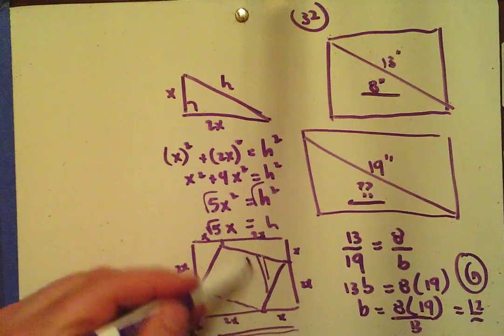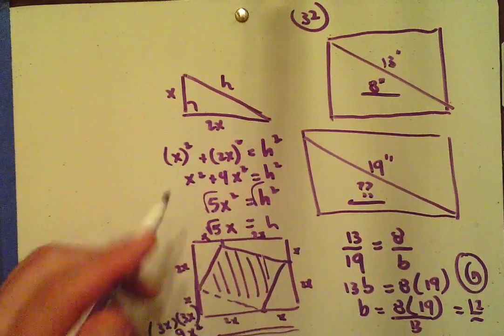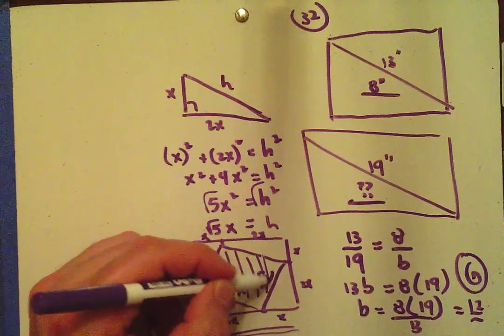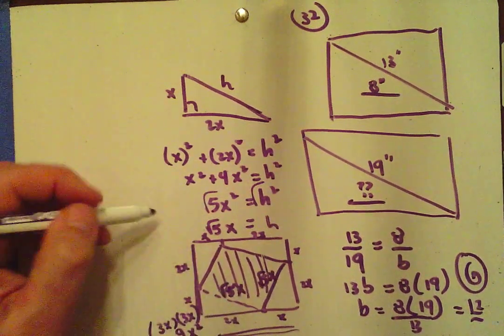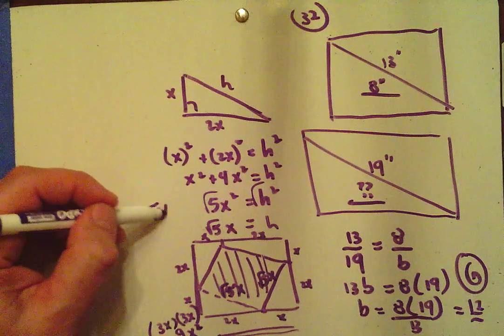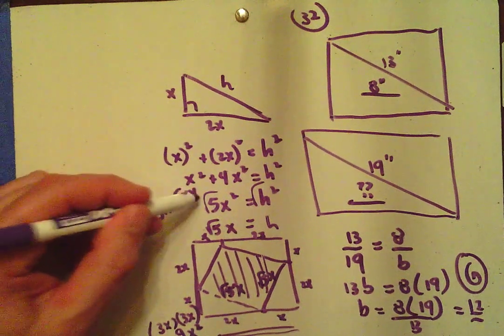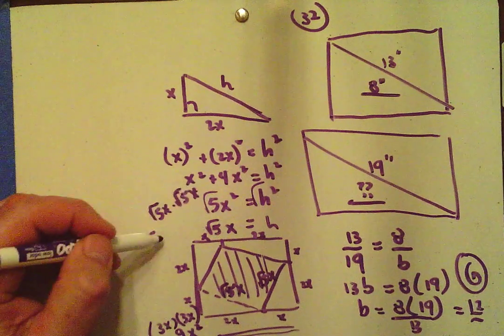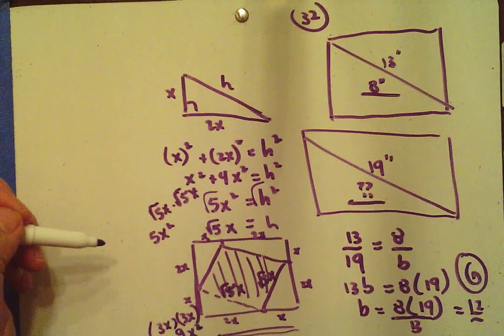Now, what about the area of this square here? Well, this square has root 5x and root 5x as its sides, and so root 5x times root 5x is root 5 times root 5, which is 5, and x times x, which is x squared, so 5x squared.